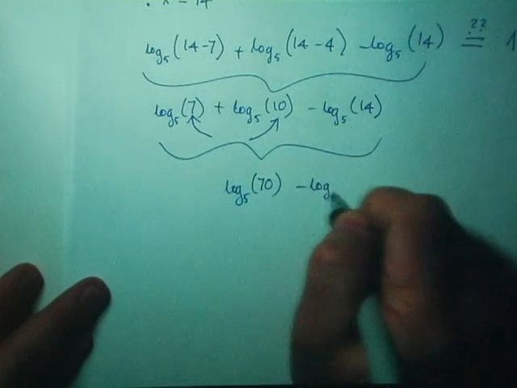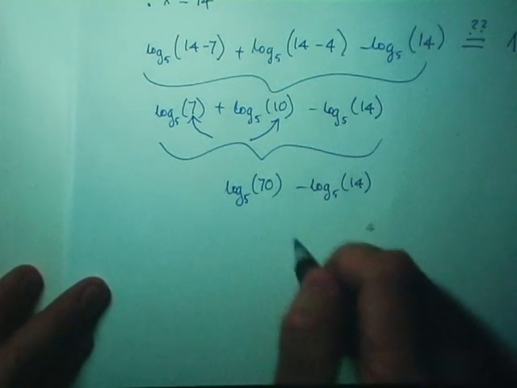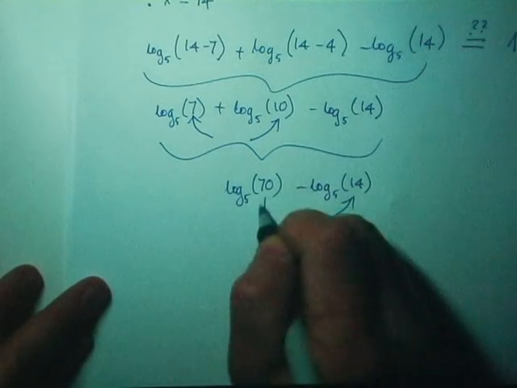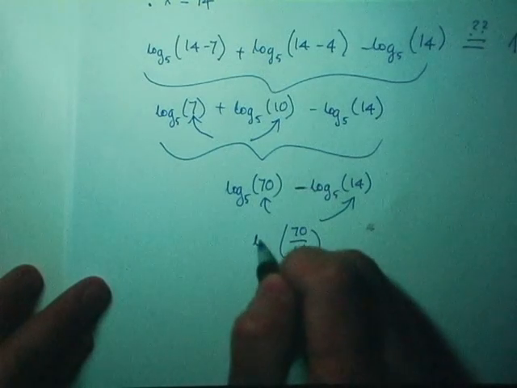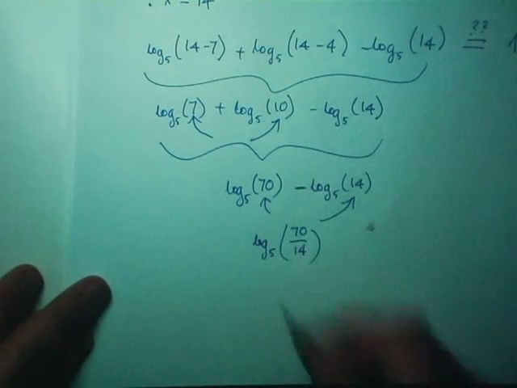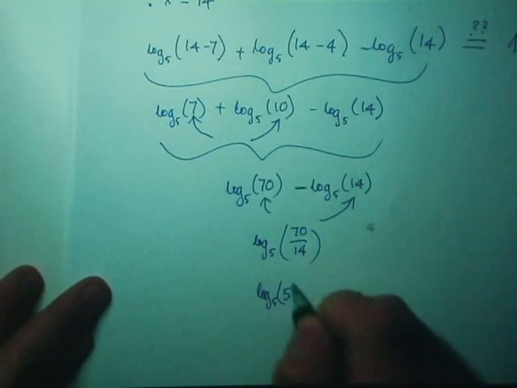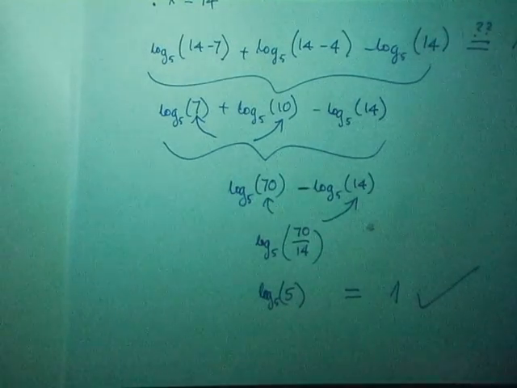Then subtract log base 5 of 14, and together I can do 70 over 14, because I have a subtraction right there. So log base 5 of 70 over 14, and that gives me 5. So I have log base 5 of 5, and that does equal 1. So I have my first answer checked.